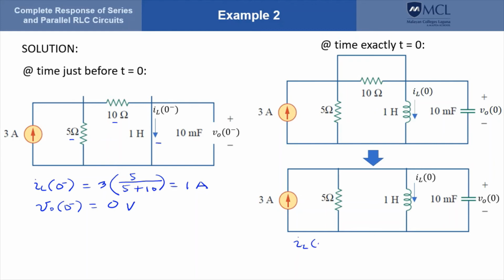Again, the current cannot change abruptly, so therefore it should be equal to the current just before t equals 0. So that is 1 amp, while the voltage V naught is also, and that should be 0 volts.